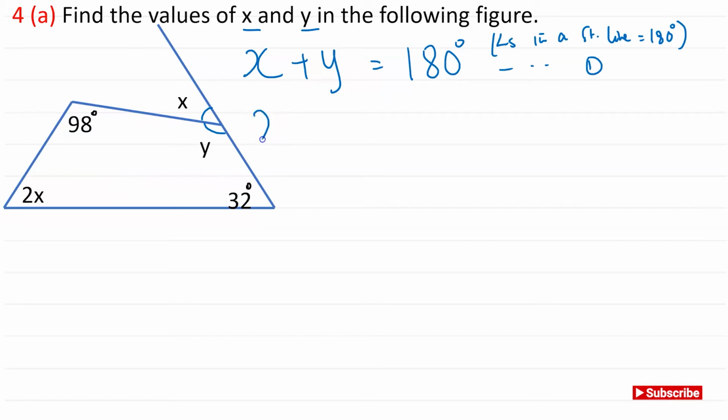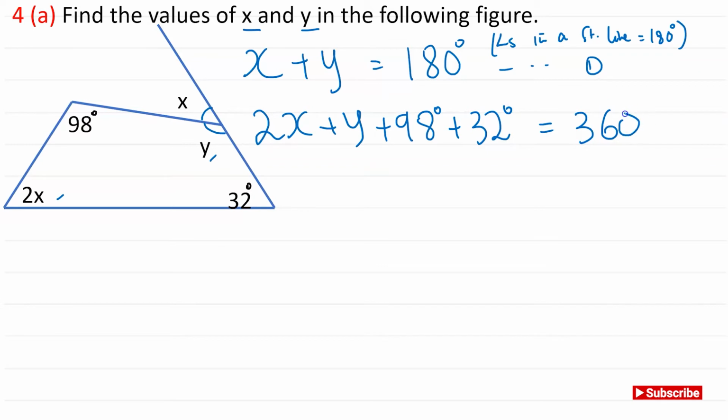We have 2x plus y, plus 98 degrees and plus 32 degrees, and these need to add up to 360 degrees. You can say angles in a quadrilateral add up to 360 degrees.